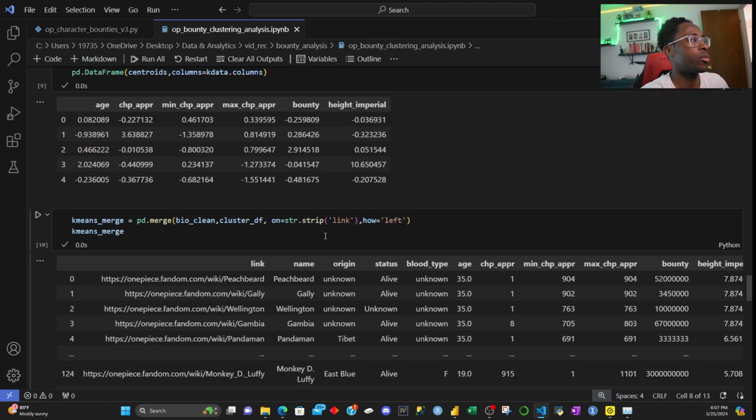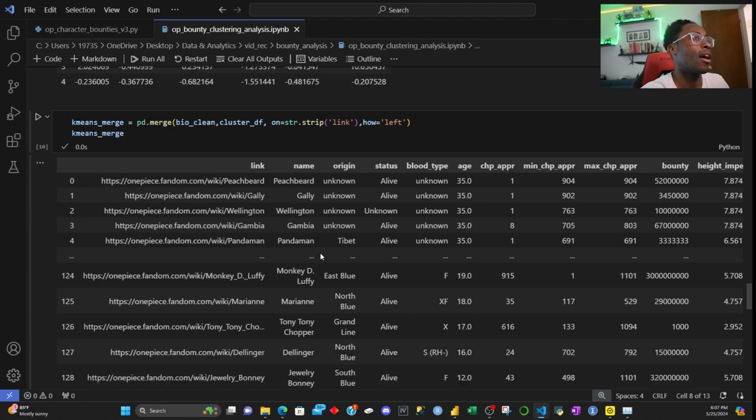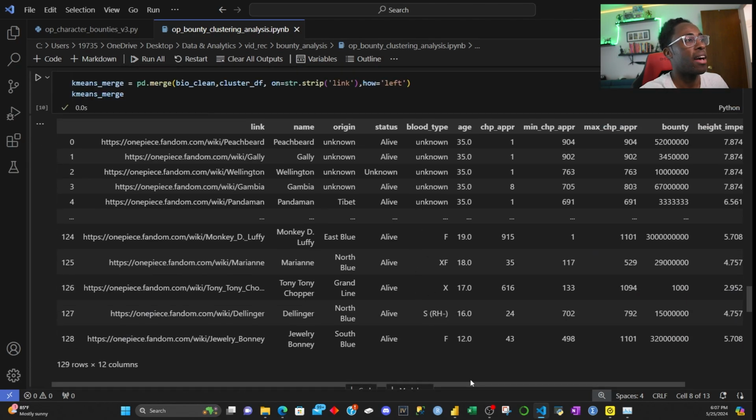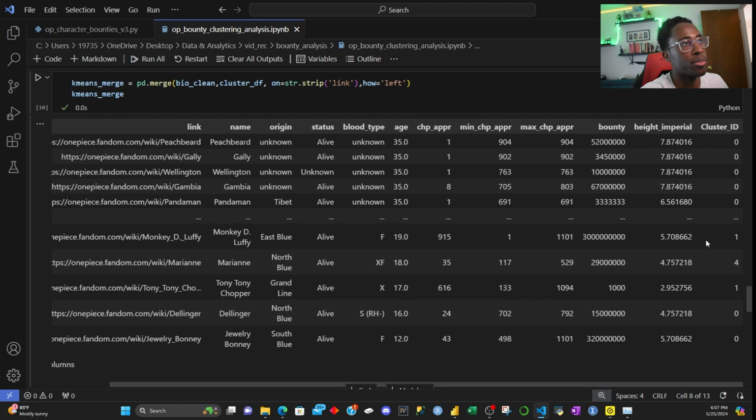Not going to go over the centroids because we'll look at that kind of information from a visual perspective, which will make it easier to digest. But here you go. We can kind of see what that data set looks like. All the various attributes and the characters' cluster ID associated with them.